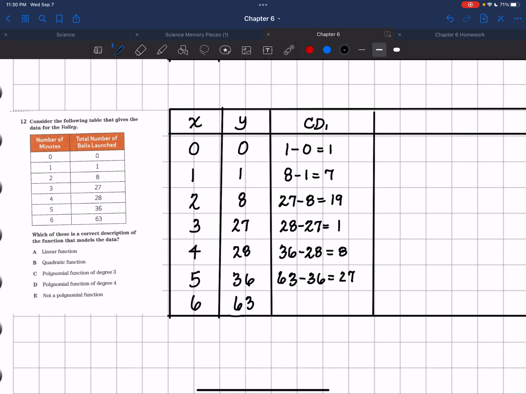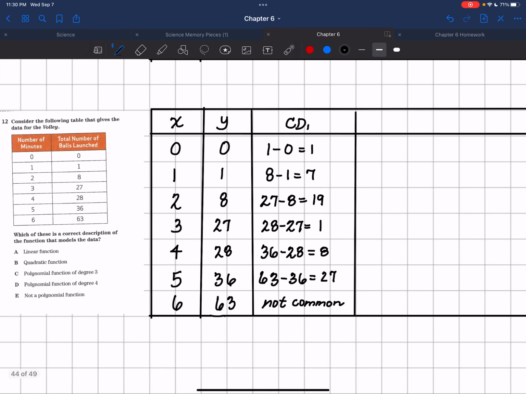Let me check that one, because we all know how Miss Amanda does math. When I was in a classroom every day, my students knew that, and they would learn to let me know that I made a mistake. But when you're on here, it's just you and the screen. So this is not common, so it's not linear, since it's not common at the first degree.